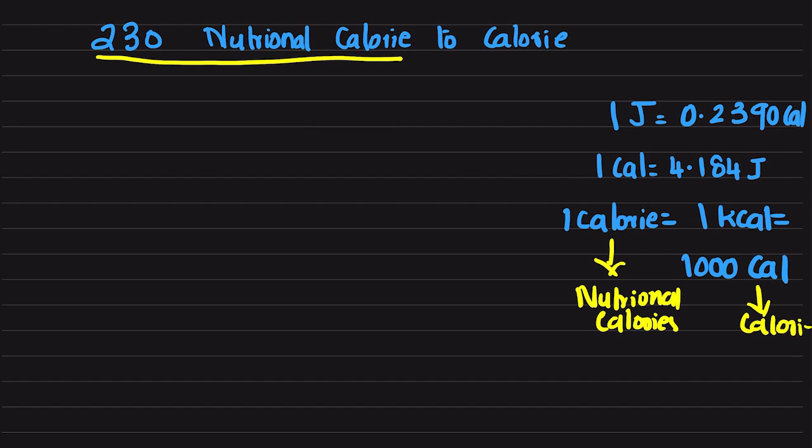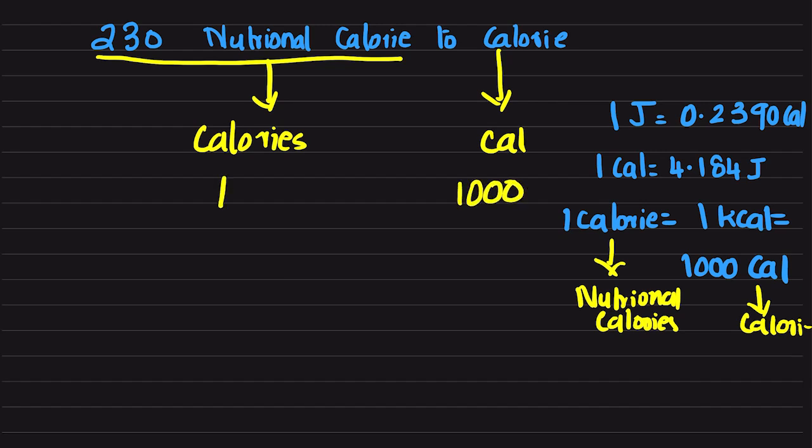So I am taking the relation: nutritional Calorie is equal to Calories, and the Calorie is equivalent to kilocal. Now take the relation 1 Calorie equals 1000 cal. So 230 nutritional Calories, take it as X.